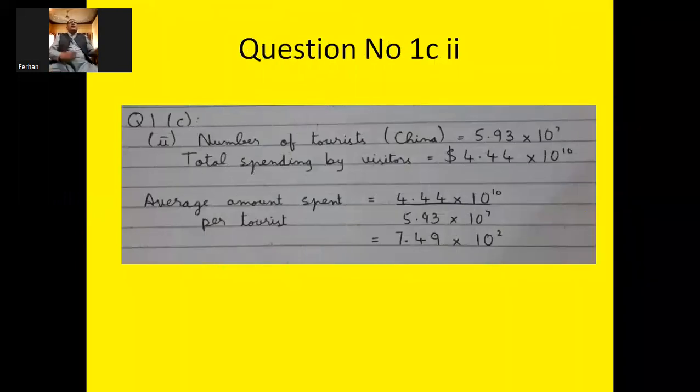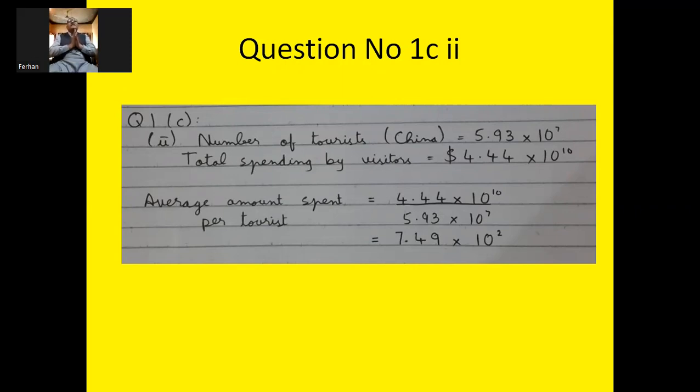Okay. So the number of tourists in China is 5.93 x 10^7. The total spending by the visitors is 4.44 x 10^10. The average amount spent will be the money divided by the number of people. That will be 4.44 x 10^10 divided by 5.93 x 10^7.